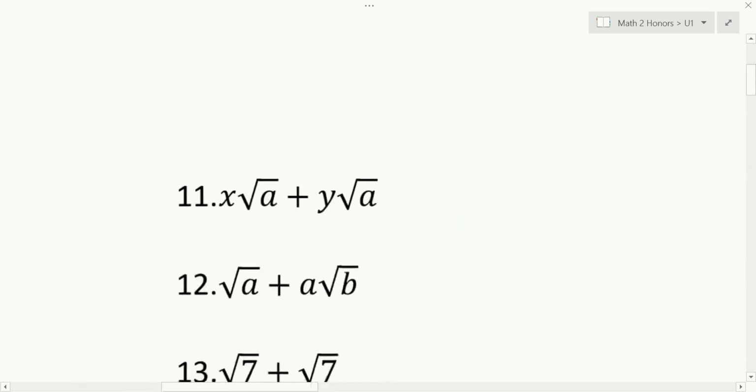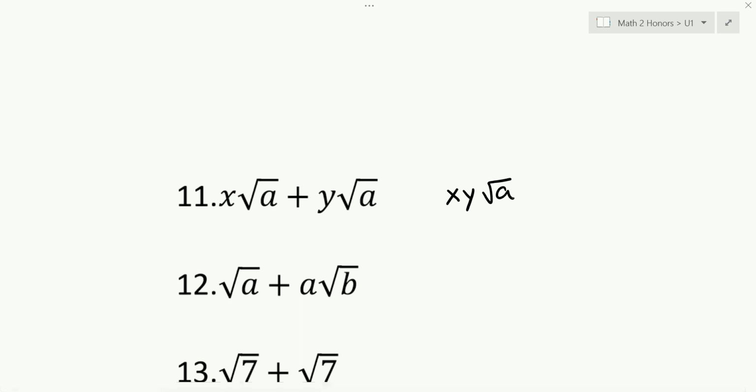So on number 11, could we change that one? You said xy square root a? Close, but not exact.